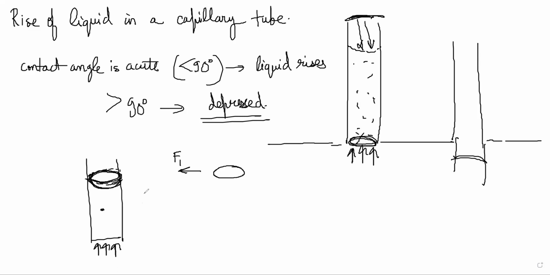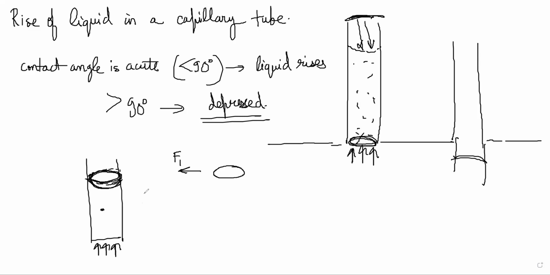Now ABCD is the surface of the liquid inside the capillary tube. It meets the wall of the tube along a circle of radius r. Now the angle made by the liquid surface with the surface of the tube is equal to the contact angle theta.